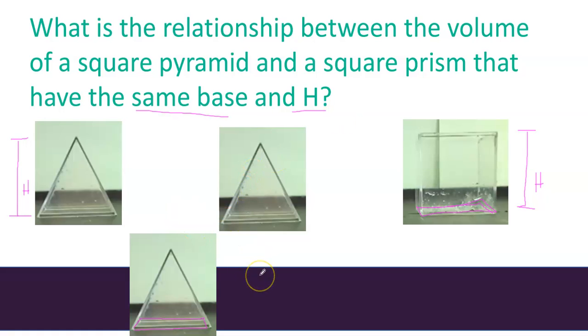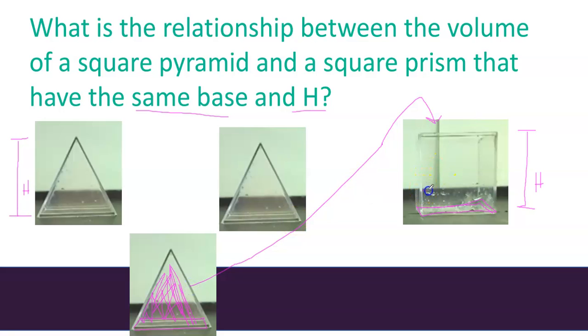So I want us to just think about what we saw in the video. In the video we saw that he filled up a square pyramid with water. And let's just say that we colored our water pink. And let's say that we pour our water into the square prism.